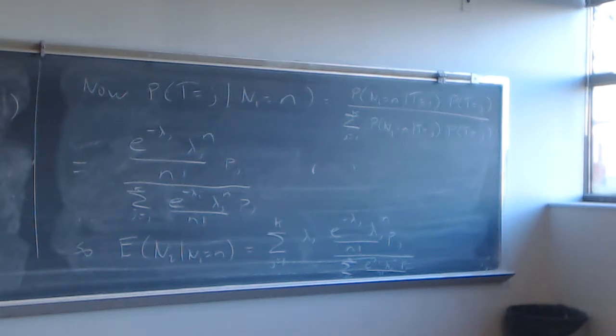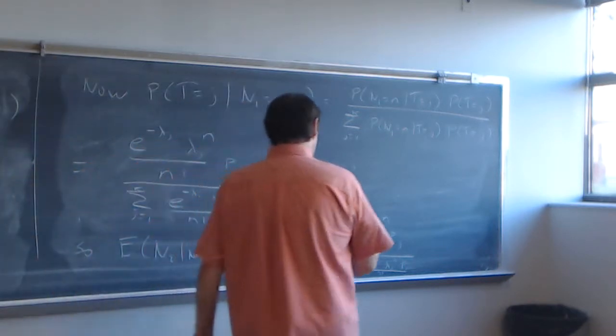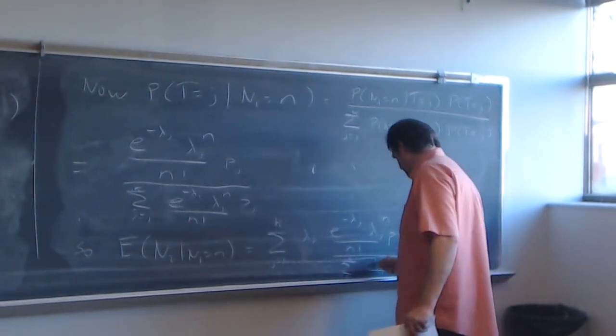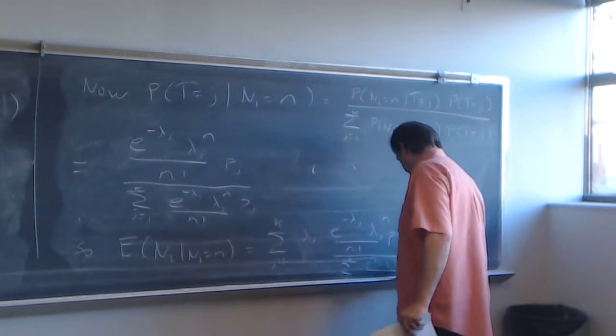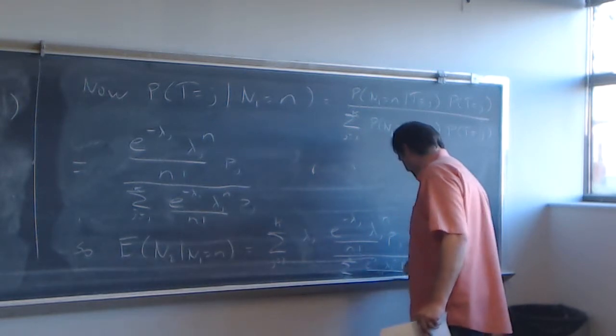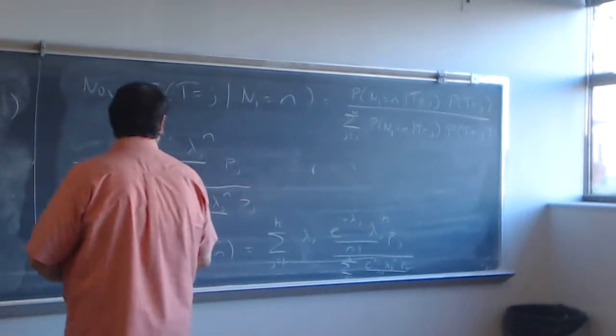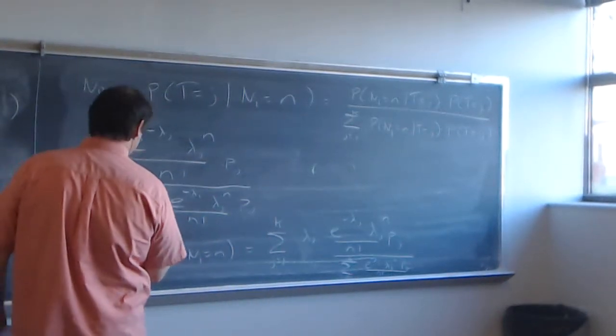It would have been nice if I had changed the index here and had it be I. I mean, that's good. Let's have it be I. Let's make that change. Make it I. P sub I. Okay? That's good. Make that change.